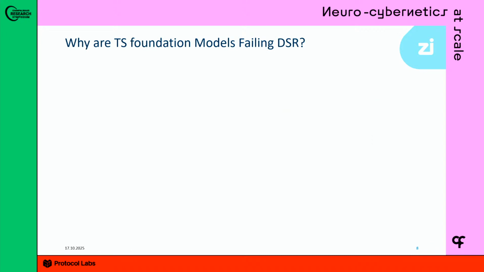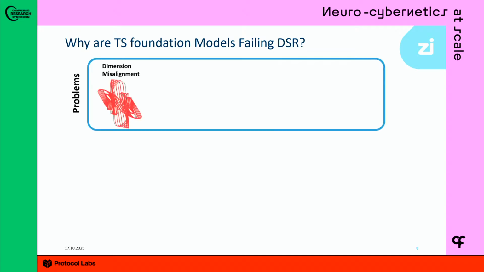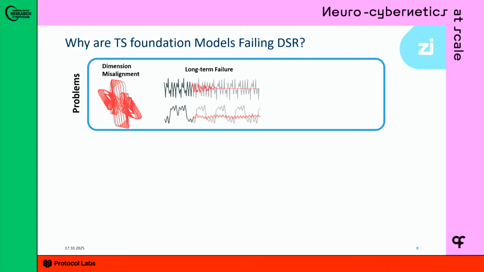So then we ask the question: why are these foundation models failing at dynamical systems reconstruction? First of all, they often only forecast univariately, so they cannot account for correlations between dimensions, and therefore one can get this kind of dimension misalignment. Furthermore, they suffer from long-term failure, where dynamics either converge to fixed points or some wrong cyclic behavior.